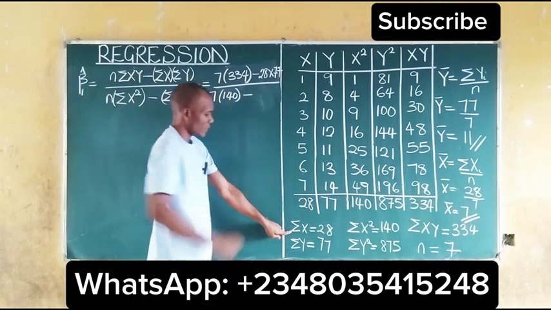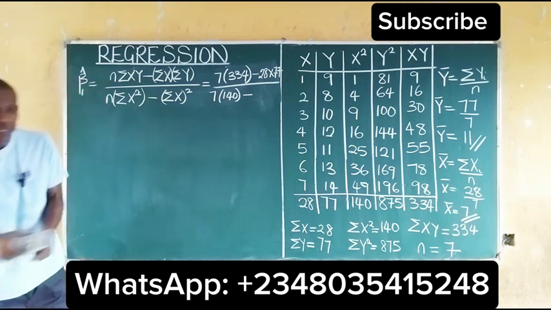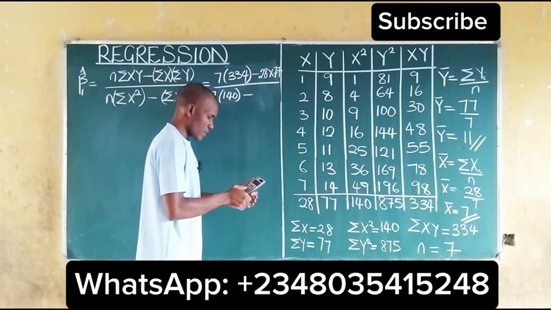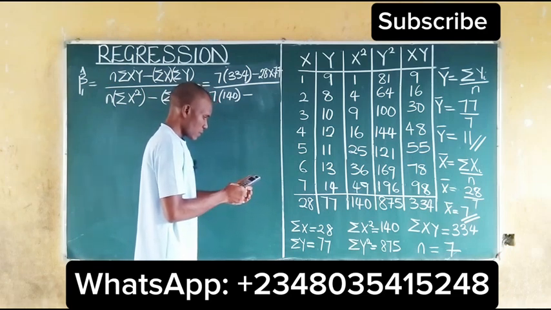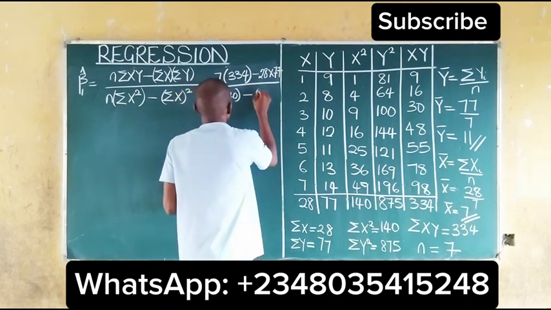That is 28 squared, 28 multiplied by 28.